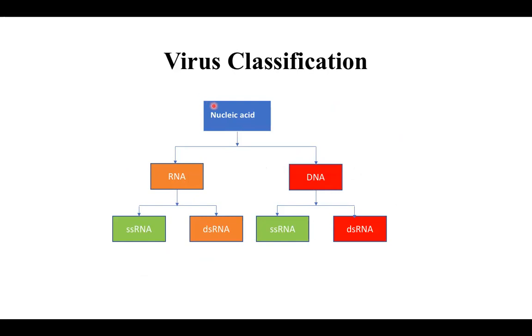The viruses can be broadly categorized into two groups based on the presence of nucleic acids. Those viruses which possess RNA are known as RNA viruses, and those which possess DNA as nucleic acid are known as DNA viruses.